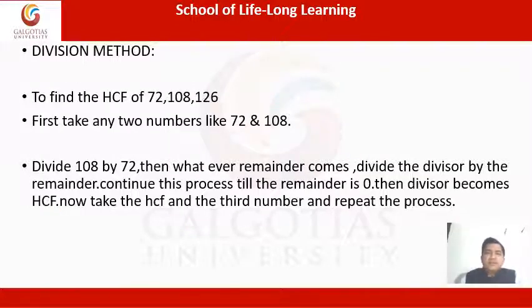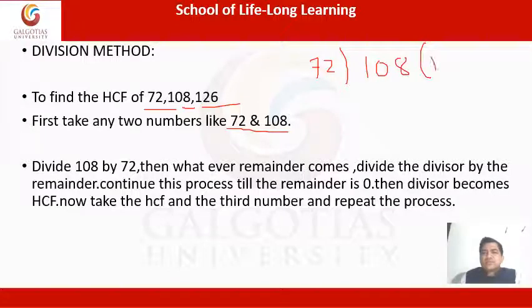Then there is another method. Just now we discussed the factorization method. There is another method called the division method. In this case, let's take the numbers 72, 108, 126. Let's take any two numbers first, 72 and 108. Divide the larger number by the lower number, 108 by 72. Correct?